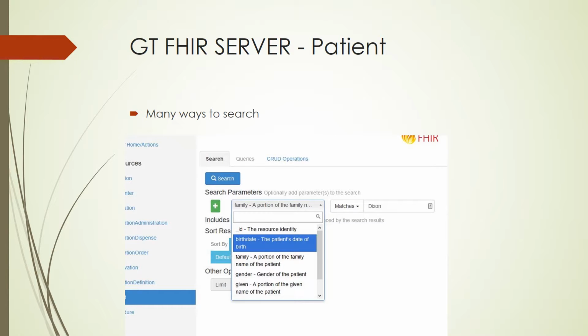Dixon, which is ultimately the search that I ran, I think, for the portion later in this presentation. But the name here, so you can search by family name, you can search by given name, and any of these will return a JSON response that you can then feed into an app or parse out or do what you need to do.